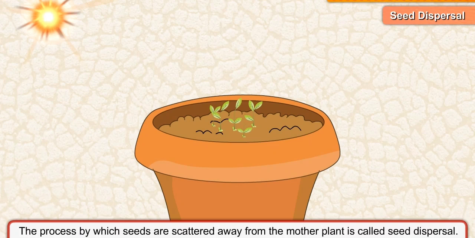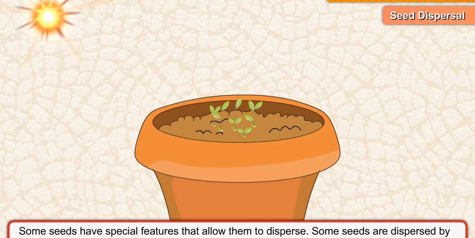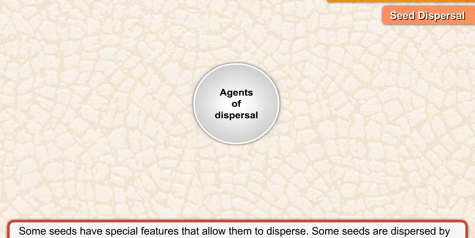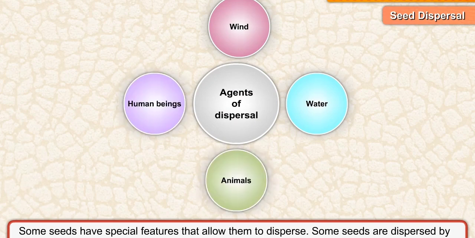The process by which seeds are scattered away from the mother plant is called seed dispersal. Some seeds have special features that allow them to disperse. Some seeds are dispersed by agents like wind, water, animals, and human beings. These are called agents of dispersal.